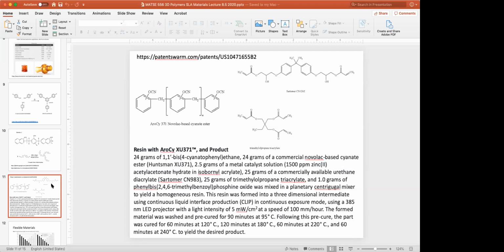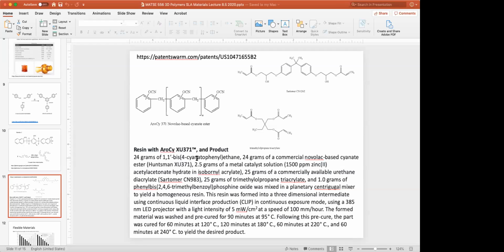And so you see that Sartomer CN120Z, whatever that is, and you see this triacrylate crosslinker, and they talk about the recipe that they use for their cyanate ester. This is a patent example from Carbon, and it gives you an idea of everything that goes into one of these resins.